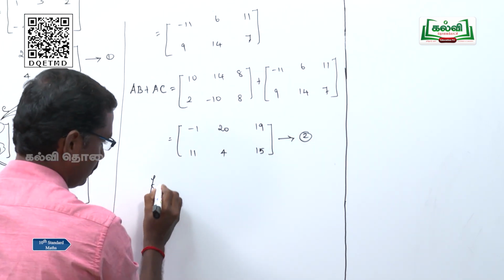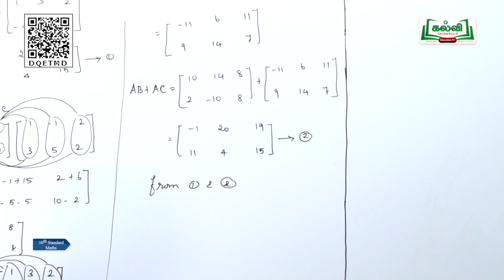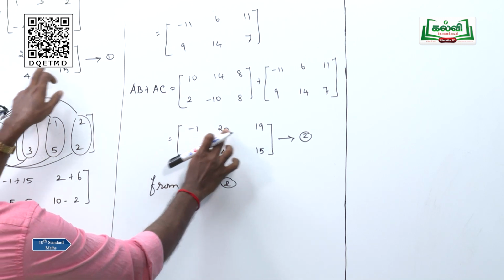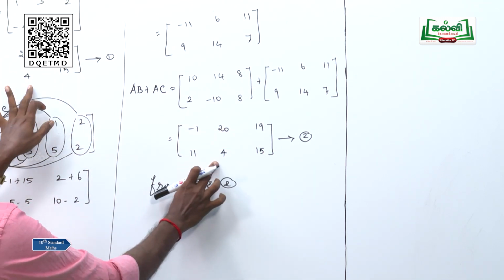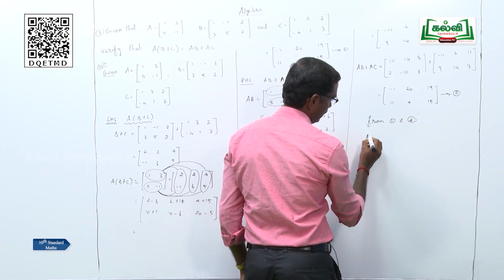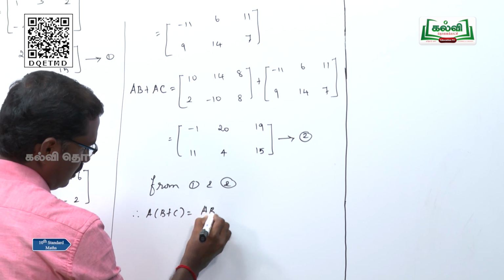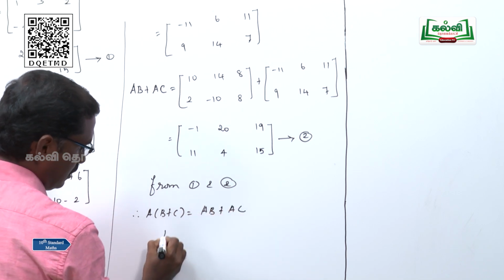From 1 and 2, observe equation number 1: minus 1, 20, 19, 11, 4 and 15. Both are equal. Therefore A multiplied by B plus C equals AB plus AC.